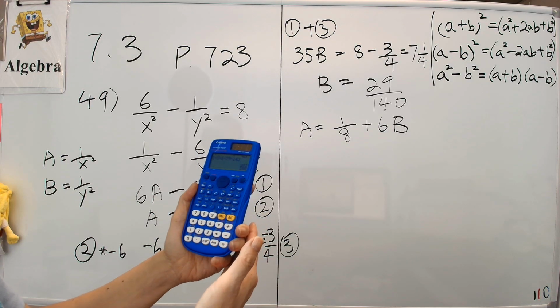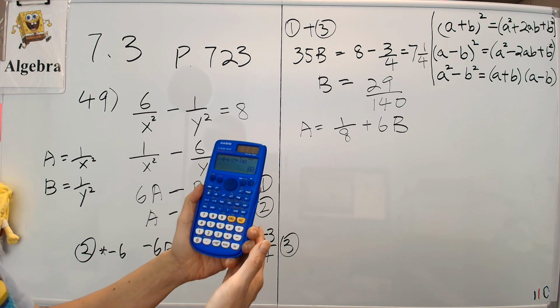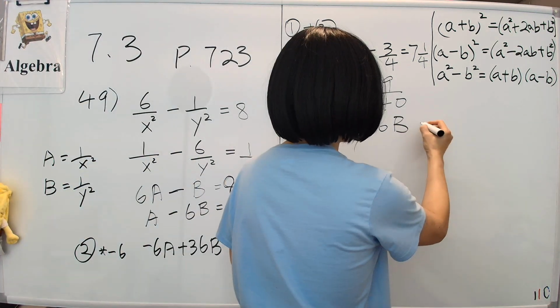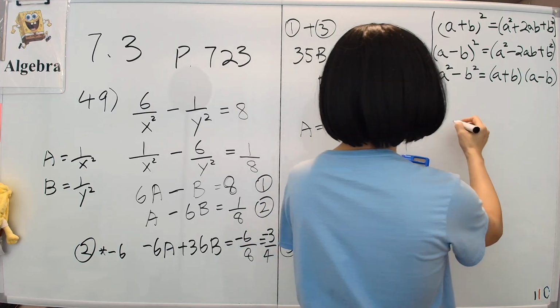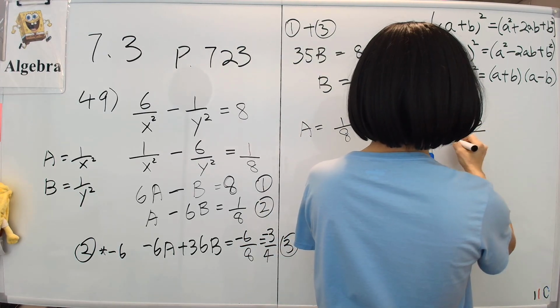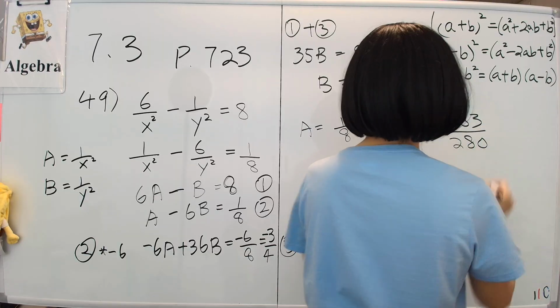That would be equal to 383 over 280. Like I said, this is not going to look as pretty as I hoped. 383 divided by 280. Great.